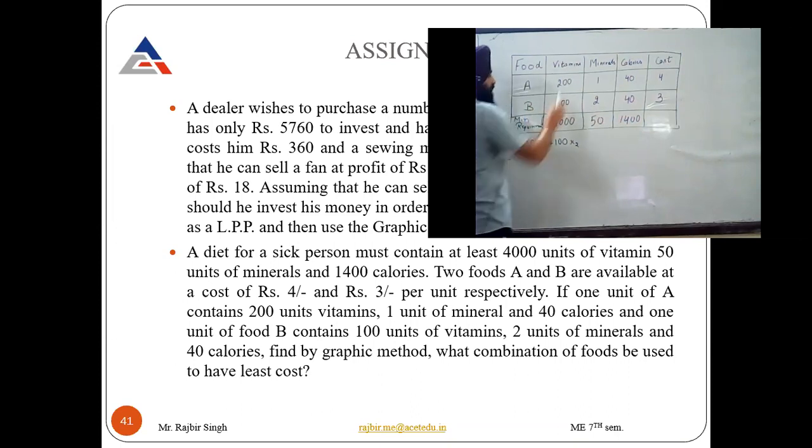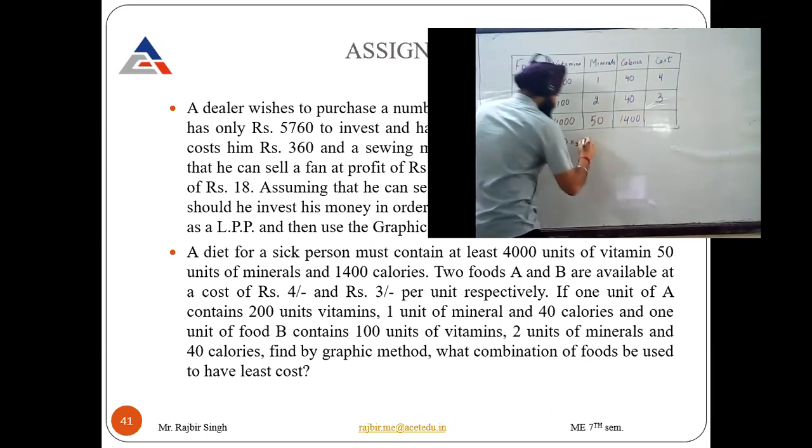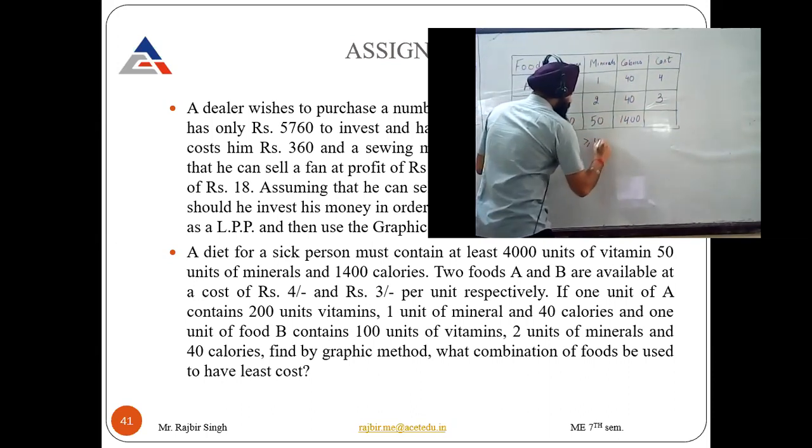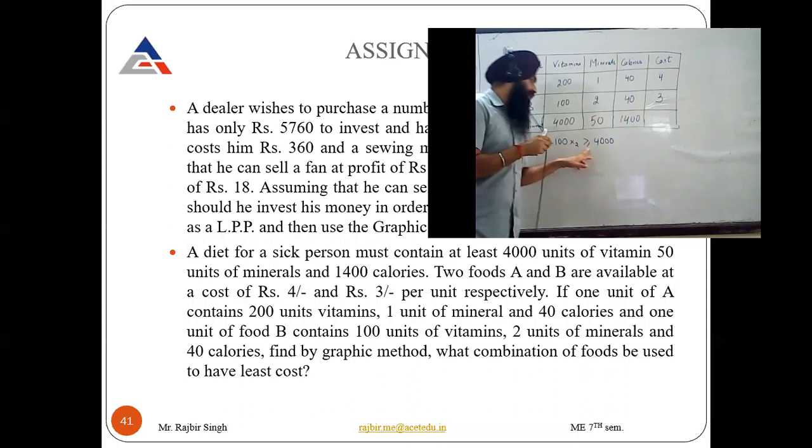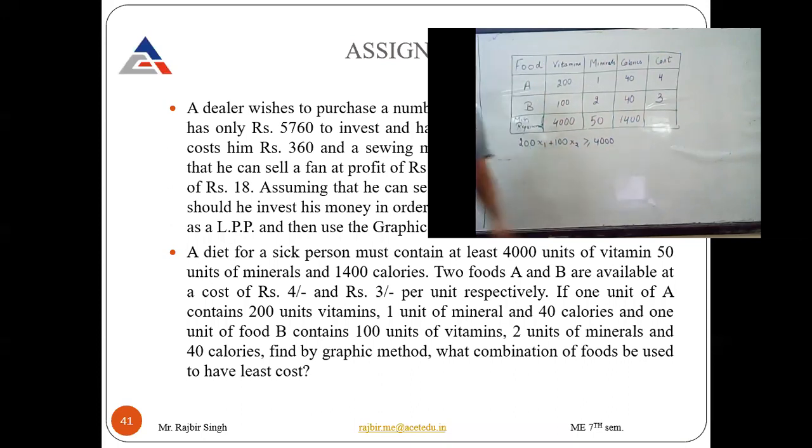But the minimum requirement is 4000. It means 200 x1 plus 100 x2 must be greater than or equal to 4000.